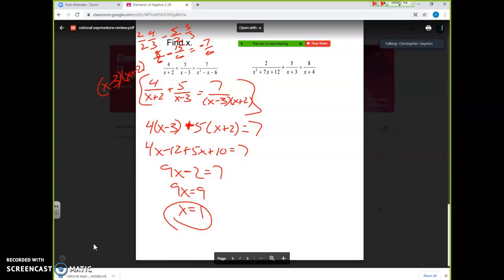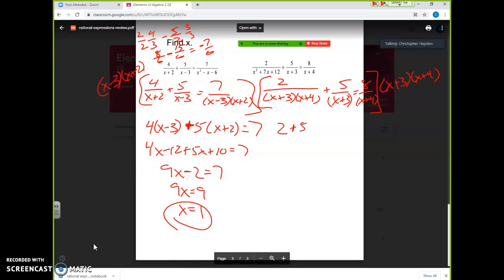All right. The next one becomes x plus 3, x plus 4 on the bottom here when I factor it. Plus 5x plus 3 equals 8x plus 4. And I'm going to multiply everything by the x plus 3, x plus 4. The x plus 3, x plus 4 cancels, that's 2.